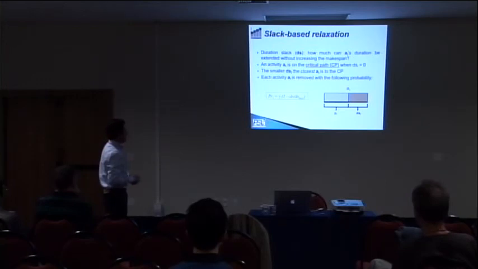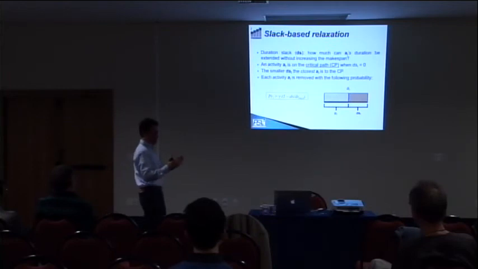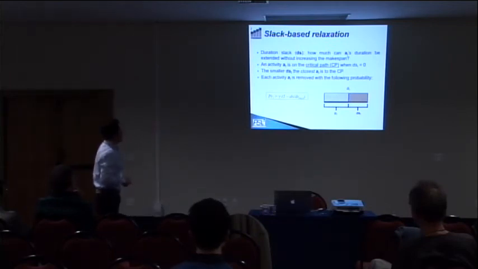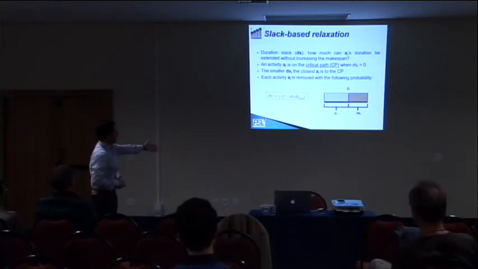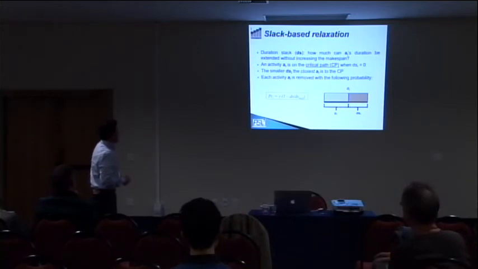For each activity, we consider the earliest time solution, and also we consider the flexibility the activity has. We know the total duration, so we also know this flexibility. This means we can extend the duration of this activity without changing the makespan of the schedule. So an activity on the critical path has null flexibility, instead activities which are close to the critical path have more flexibility.